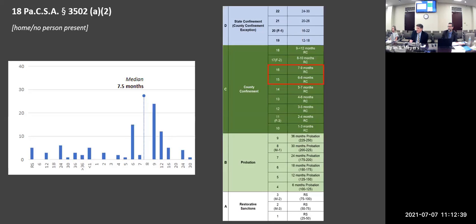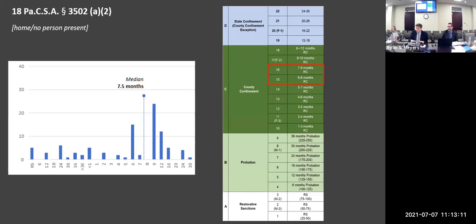Or if this is dramatically different between rural and urban. We talked before about some of the differences we saw between Philadelphia and other urban counties or the state. There was actually a lot of consistency, but where there was a difference was especially with drug offenses that you saw in Philadelphia.